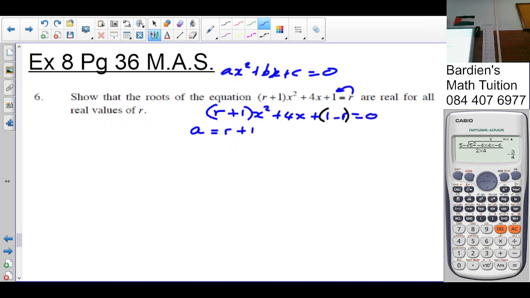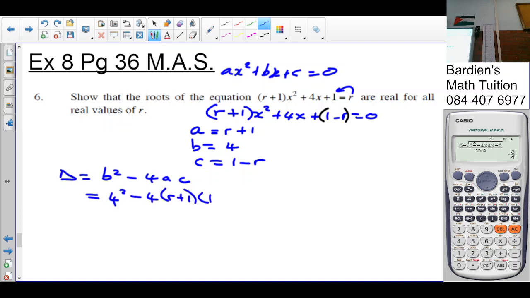So what is your a value? r plus 1. What's your b value? 4. What's your c value? 1 minus r. You guys see that? So delta is b squared minus 4ac. What is your b value? 4. 4 squared minus 4 times (r plus 1) times (1 minus r).